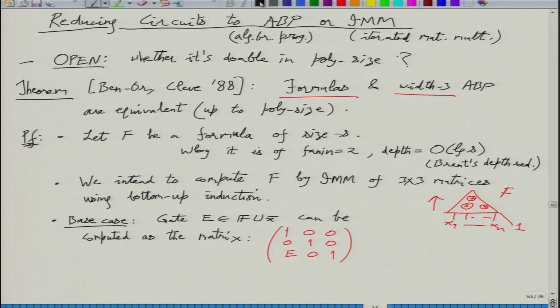Okay, so it's basically the identity matrix with your polynomial E sitting at the corner. There are 2 corners available, so we have picked the bottom one. This will be the representation of a gate, in fact, at any point of time.